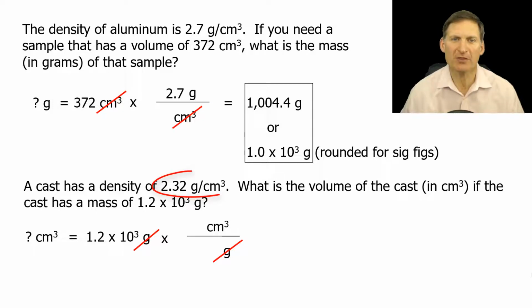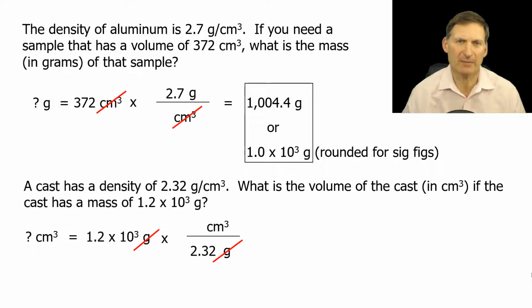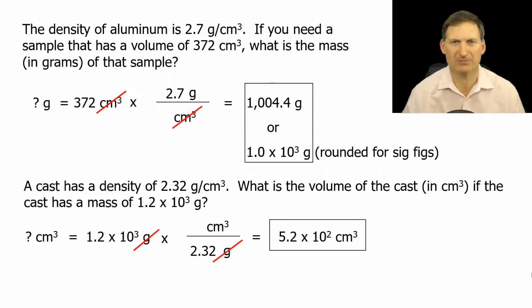And since there are 2.32 grams for every 1 centimeters cubed, we need to put 2.32 on the bottom because grams is on the bottom. If you put 2.32 on the top, it would be like saying there are 2.32 centimeters cubed per gram, and that's not accurate. Then do 1.2 times 10 to the third divided by 2.32 to get your answer. Again, rounded to the correct number of significant figures.